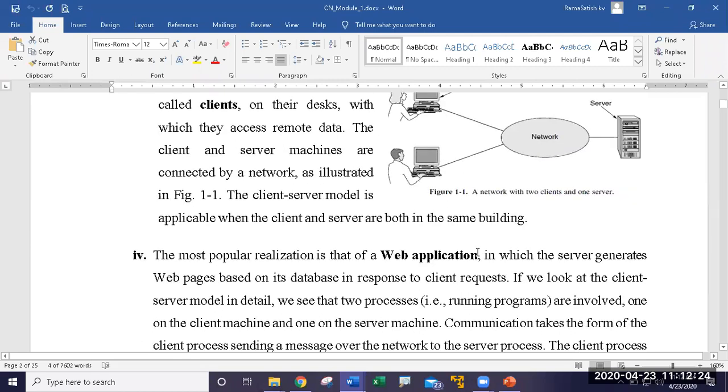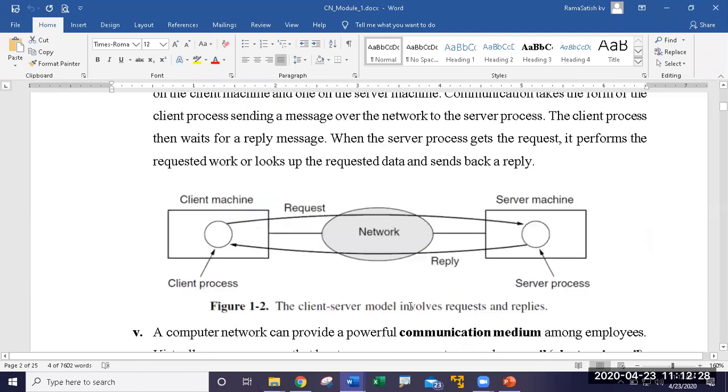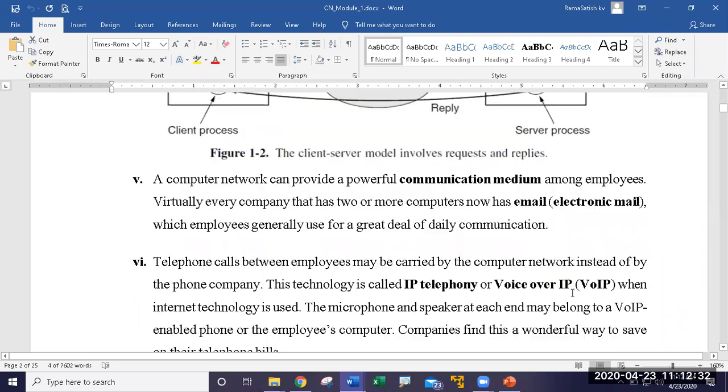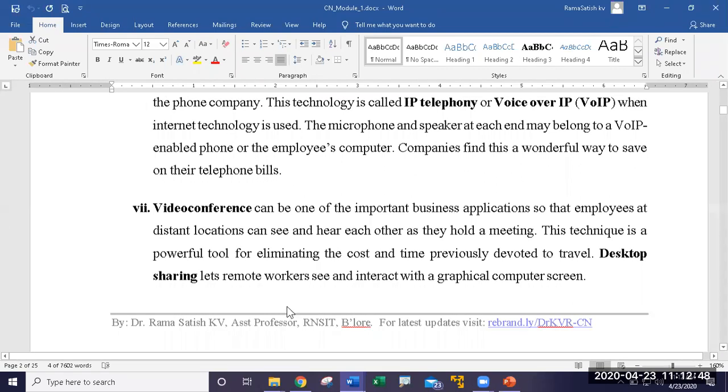Most of the web applications are business applications. Communication media like emails, chatting, VoIP, voice over internet protocol, video over internet protocol. What you and I are enjoying now, distance learning through Zoom, is one of the examples. IP telephony, video conferencing, desktop sharing.